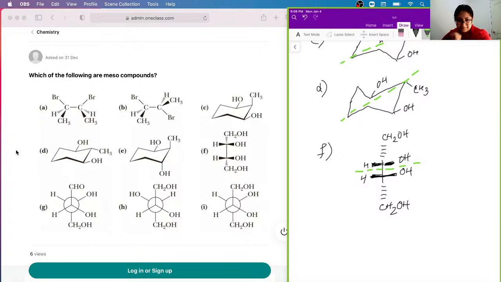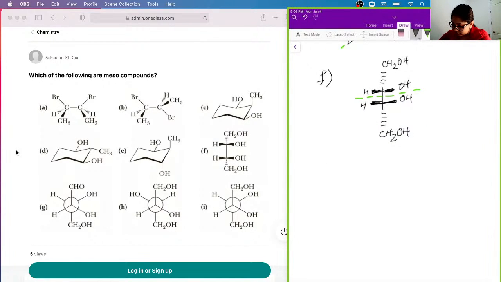And lastly, I think, would be I. I'll show you how I is one as well. For I, we have a Fischer projection or Newman projection.